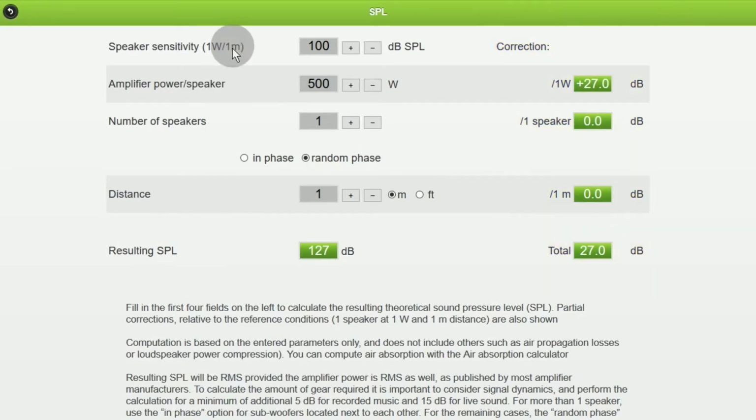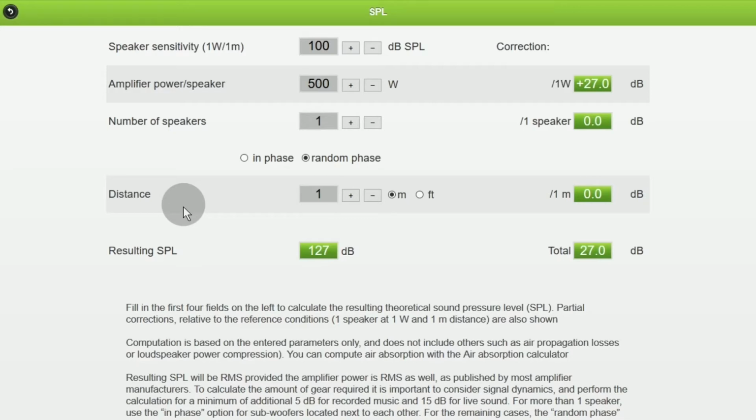The calculation is for the parameters that you see on the screen: sensitivity, power, number of speakers in phase, and distance. So that means other factors such as air attenuation, reverberation, wind, or pressure gradients that could curve the sound upwards are not considered.